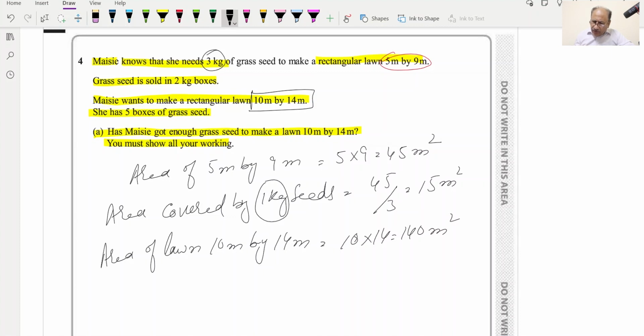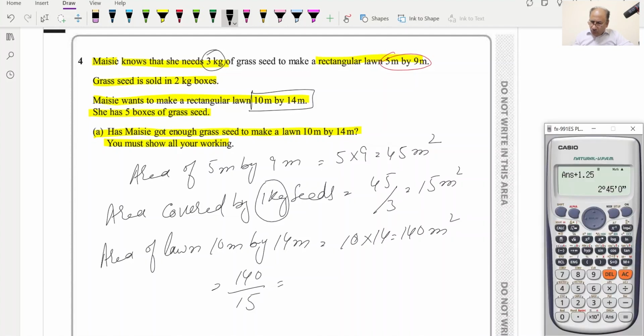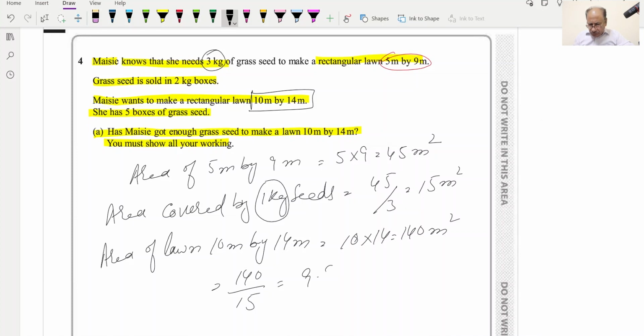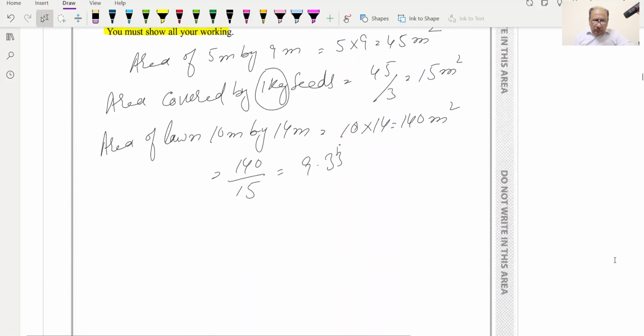Now we will divide 140 meters square by 15 to get how many kilograms of seed is required. So 140 divided by 15 is equal to 9.33 recurring.